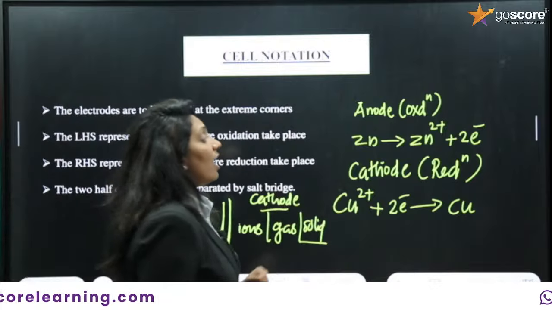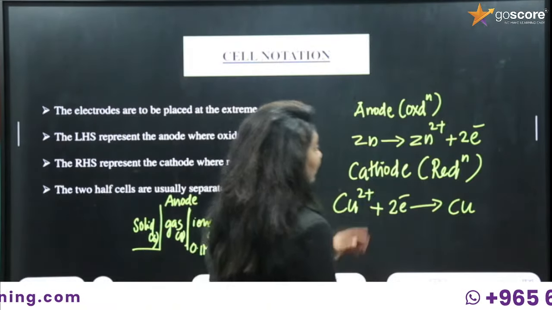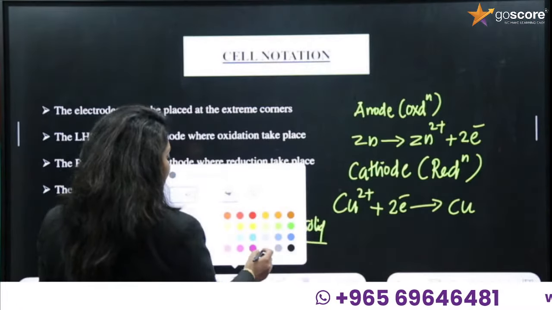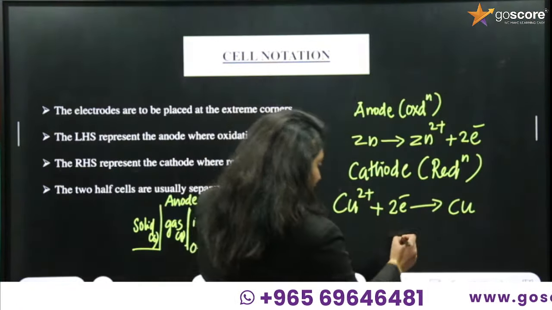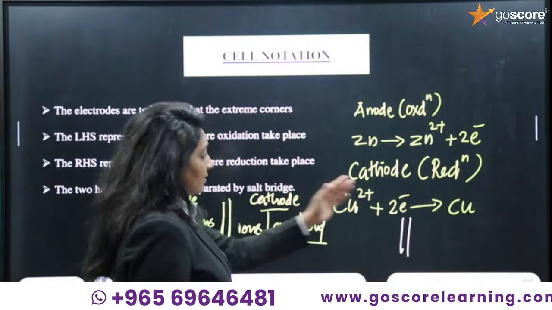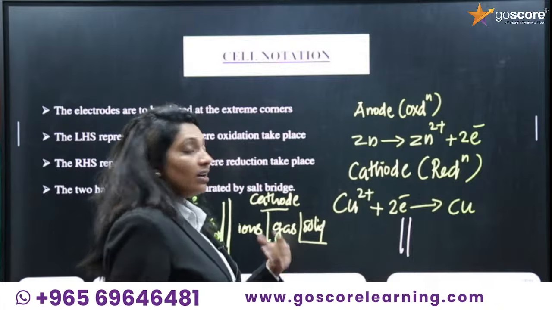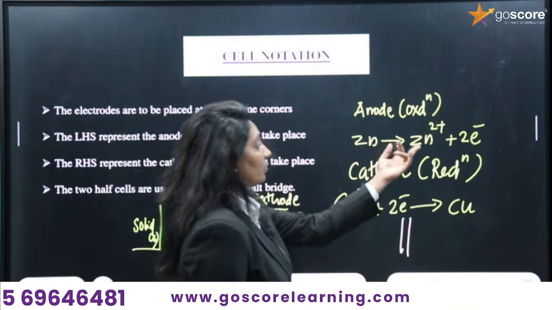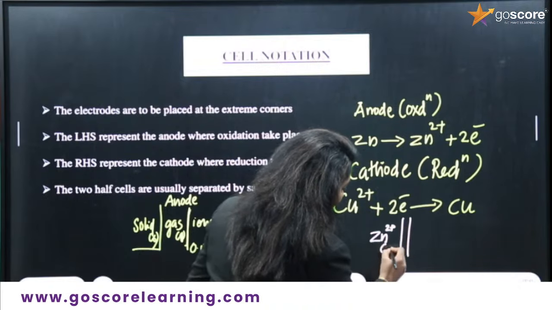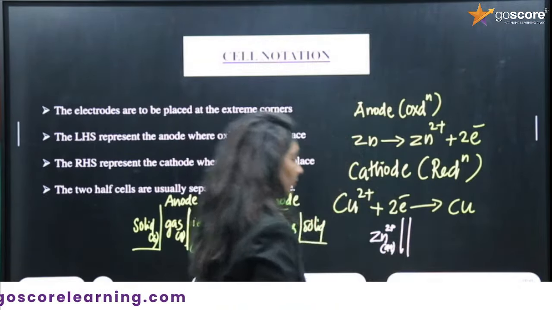Now tell me how we can write the cell notation for the galvanic cell. Here in the galvanic cell, first we will write the salt bridge. Okay. On the left side, you should mention the anode. So in the anode, what is the ion? First we will write the ion, that is Zn2+ ions in the aqueous solution.